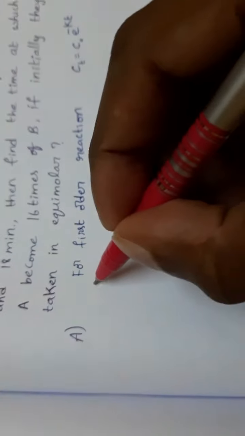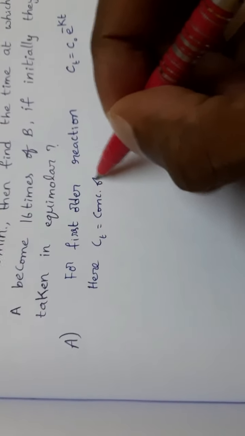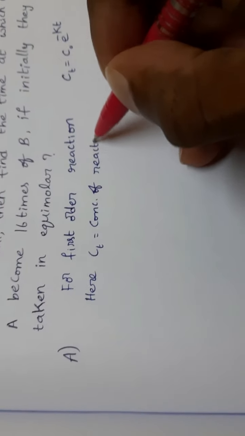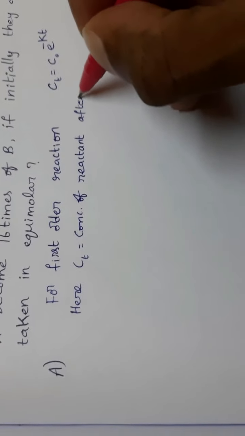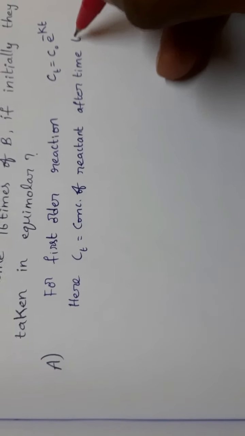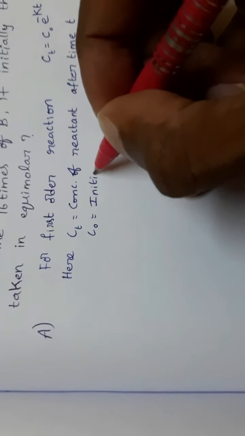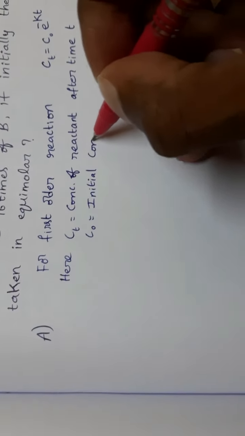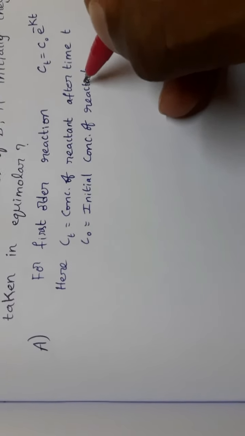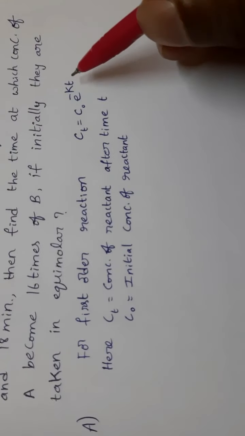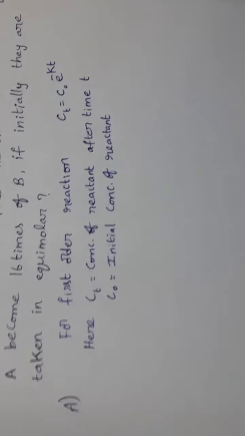Here Ct equal to concentration of reactant after time t, C naught equal to initial concentration of reactant, and k means first order rate constant, t is the time.